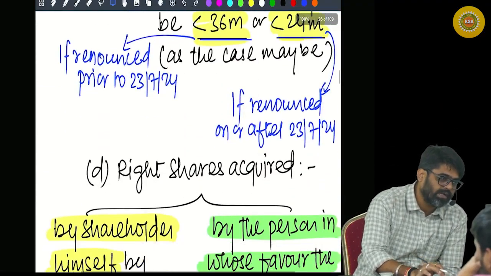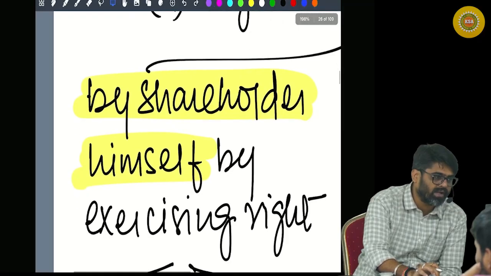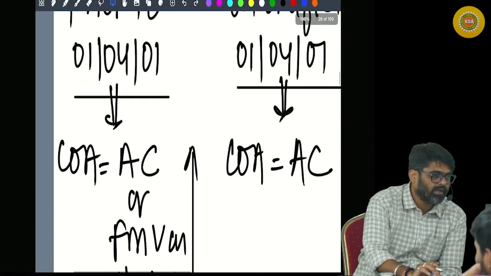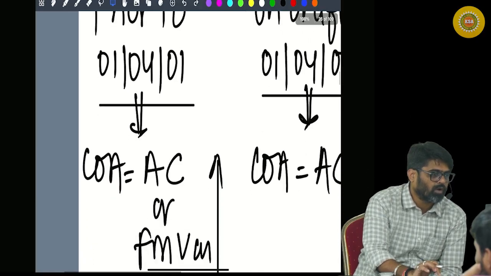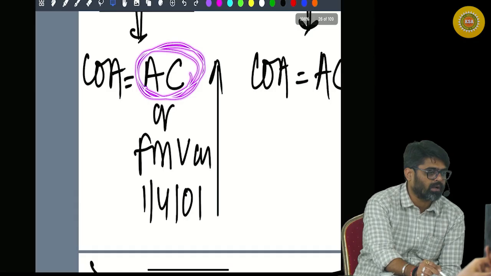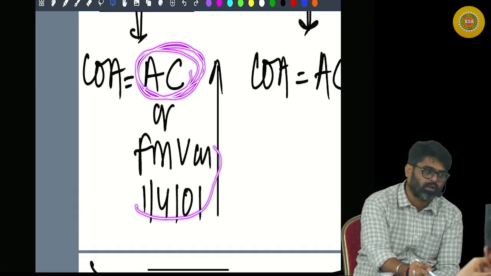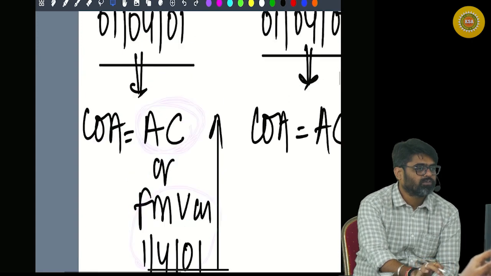So if the right shares were acquired by the shareholder himself by exercising the right prior to 1st April 2001, what will be the cost of acquisition? Actual cost, meaning the amount paid to the company, 300 rupees, or fair market value as on 1st April 2001, whichever is higher.